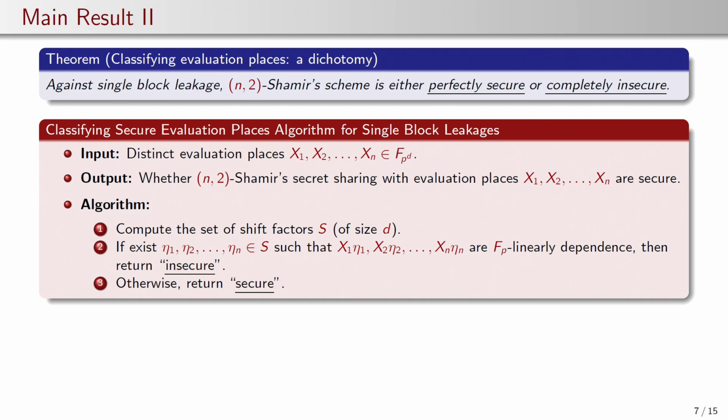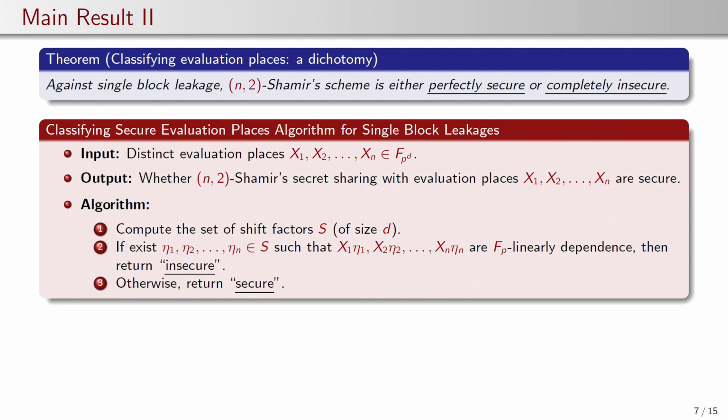Okay. So the algorithm takes as input the evaluation places, and it outputs whether it is secure or not. And the algorithm is very simple. It computes a set of G factors S. I'm not going to describe exactly what the set S is.